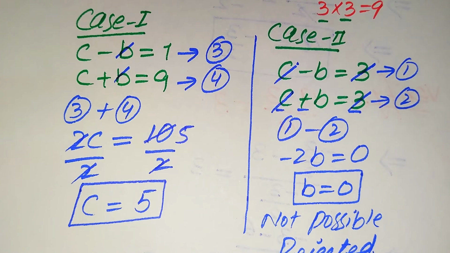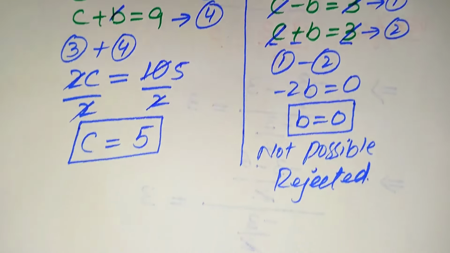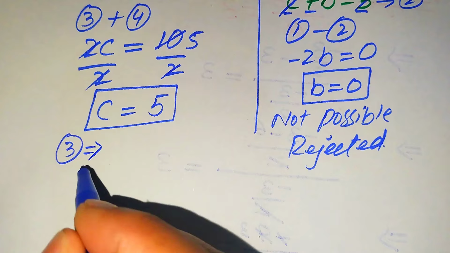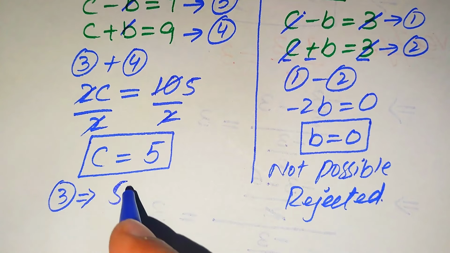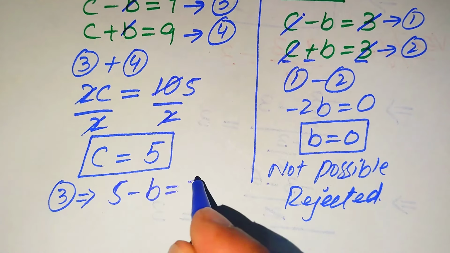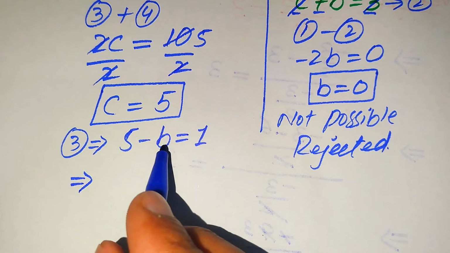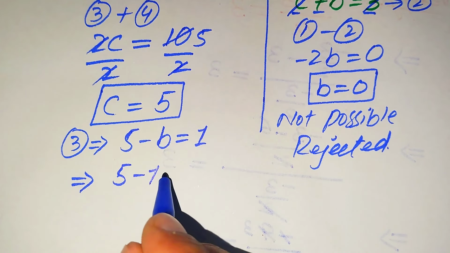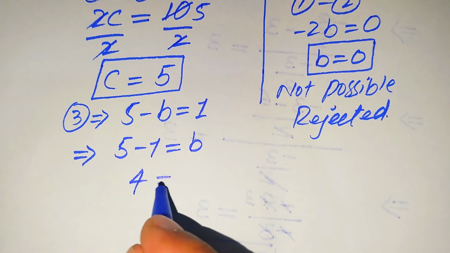So this is the value of c, and now we substitute it into equation number 3 to get the value of b. Equation 3 says c minus b equals 1, and putting in this value it becomes 5 minus b equals 1. In the next step we move minus b to the right hand side and 1 to the left hand side, so 5 minus 1 equals b, and 5 minus 1 becomes 4.